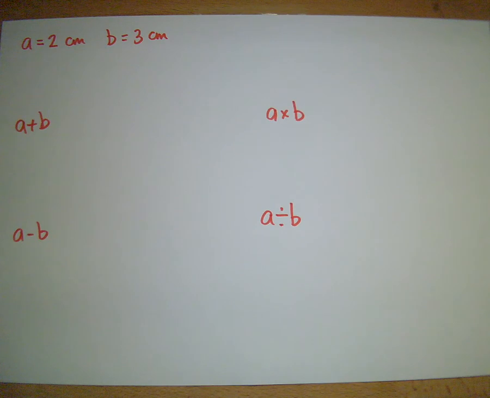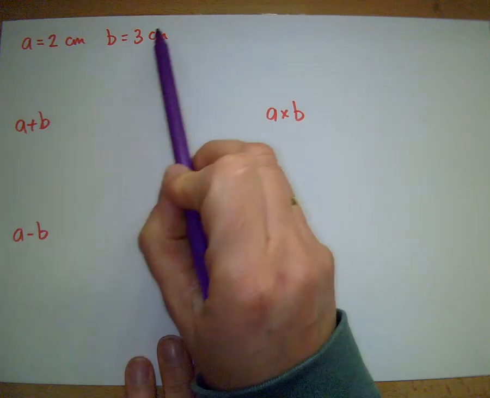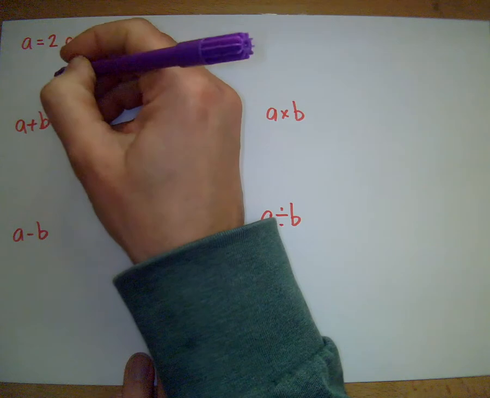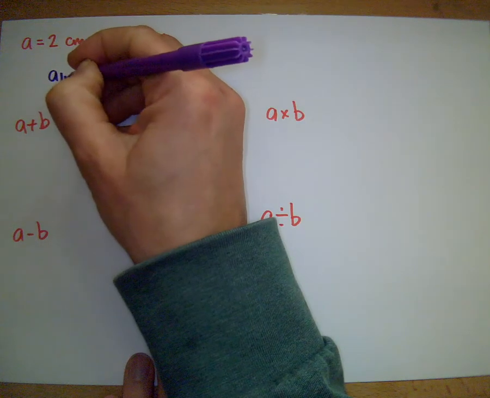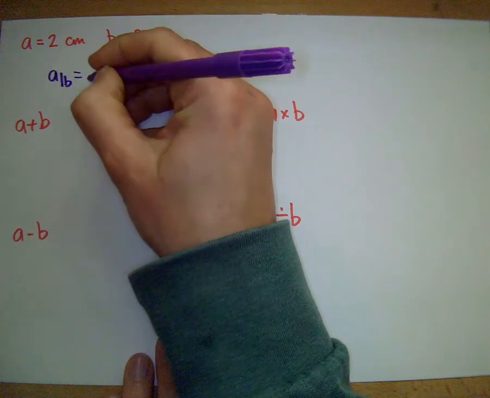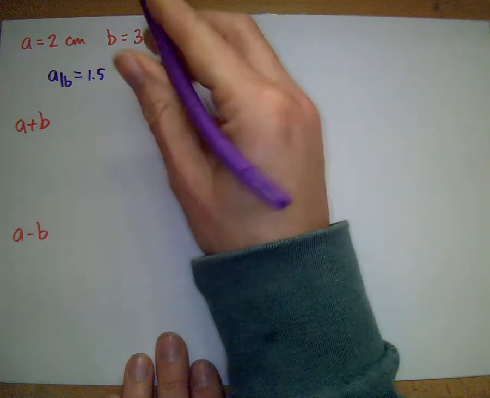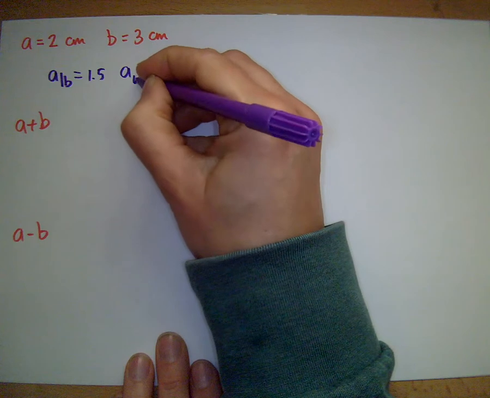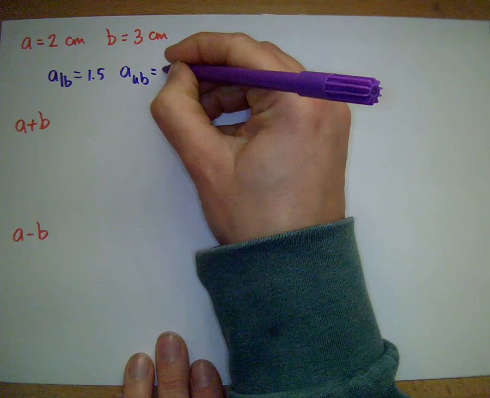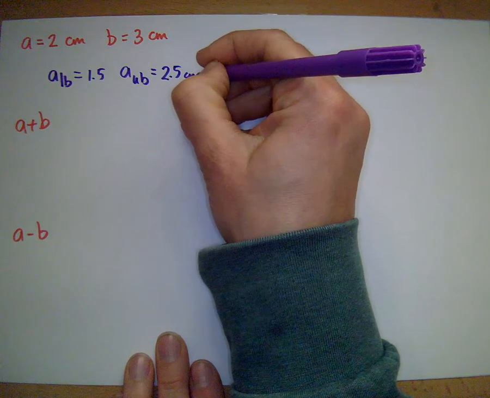First, we want to write down what the upper and lower bounds of our A and B are, right? Because we're going to use those a lot. The lower bound of A is 1.5, right? The upper bound of A is 2.5 centimeters.